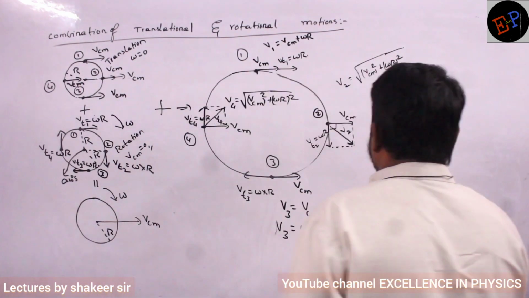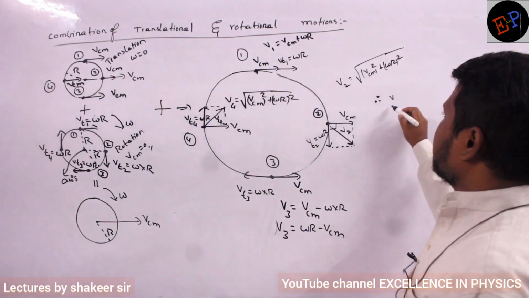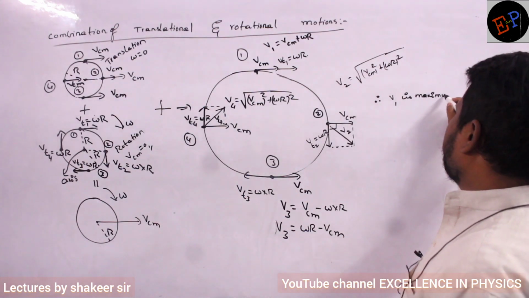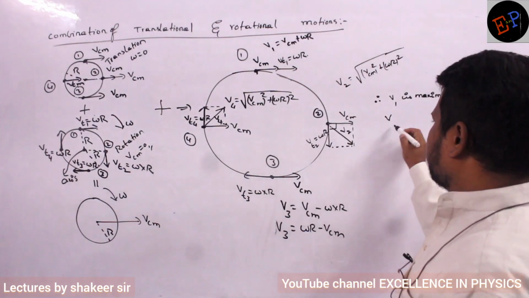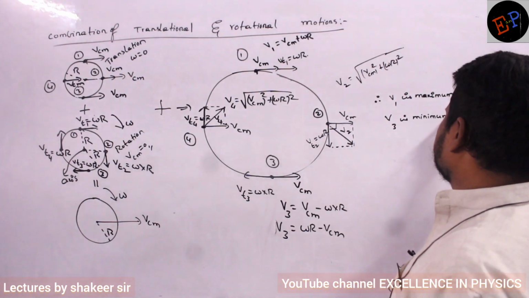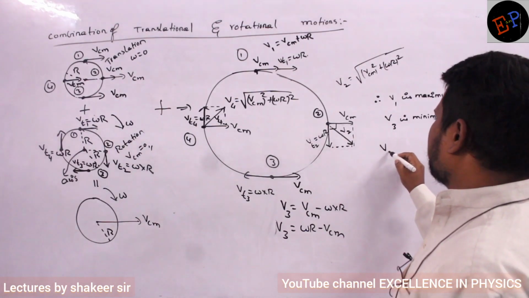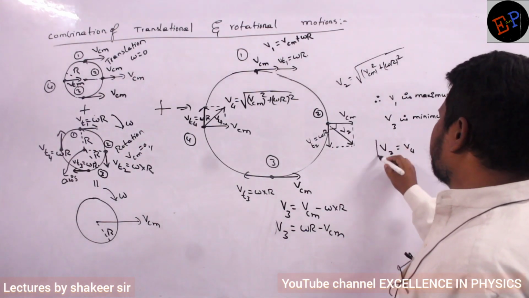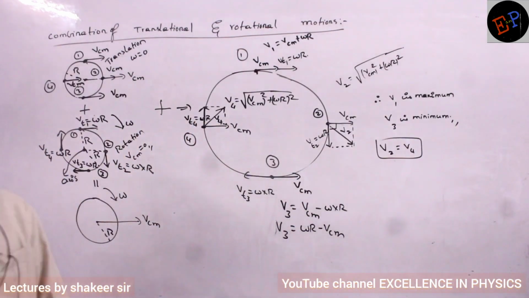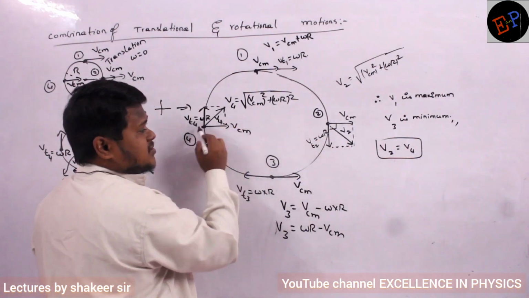So therefore, what is the conclusion I can draw here? Conclusion is that velocity of first point is maximum. Velocity of third point is minimum. Are you able to understand? And speed of point number 2 and speed of point number 4, it is equal. But directions are different. See, here this velocity is in this direction, this velocity is in this direction.